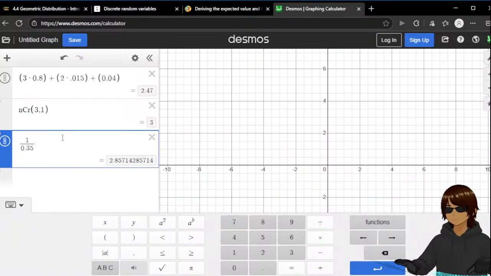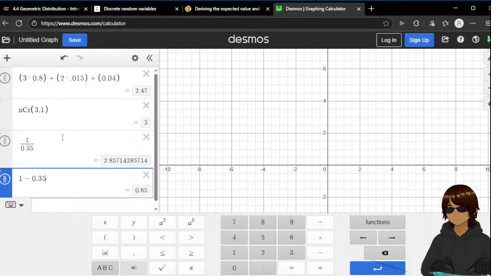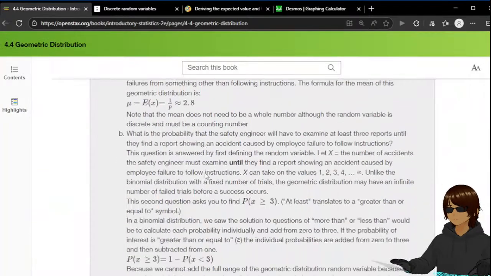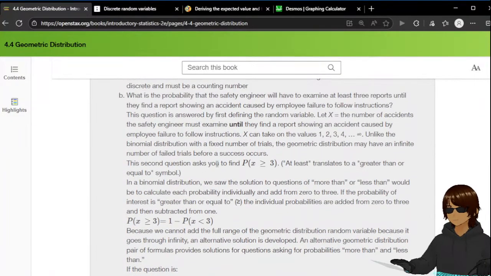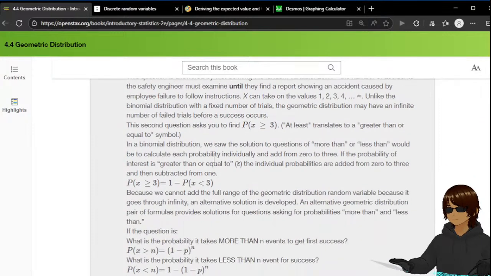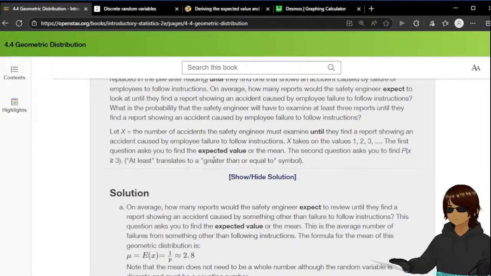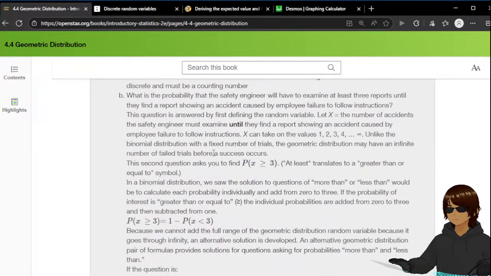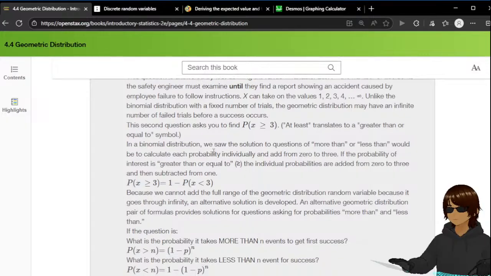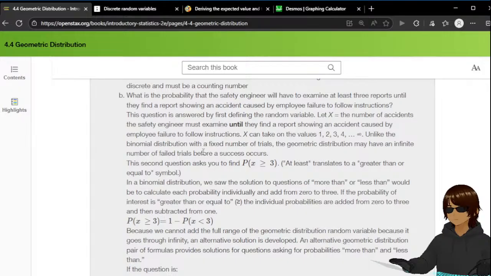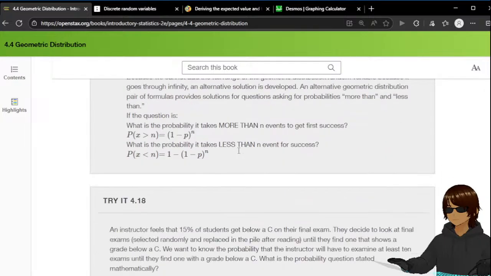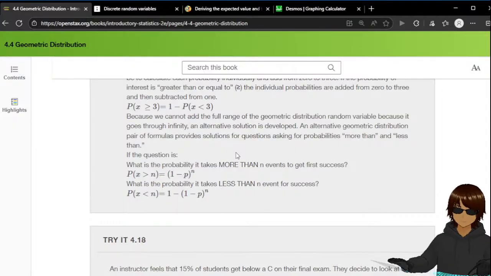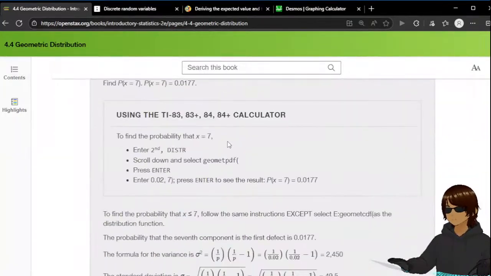So failure 3 times, right? Where's the answer? Yeah, I don't know. I wanted them to get the answer.